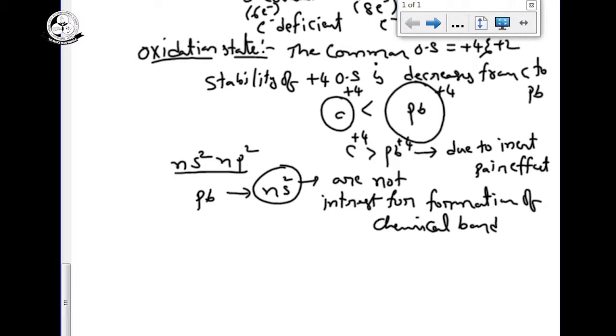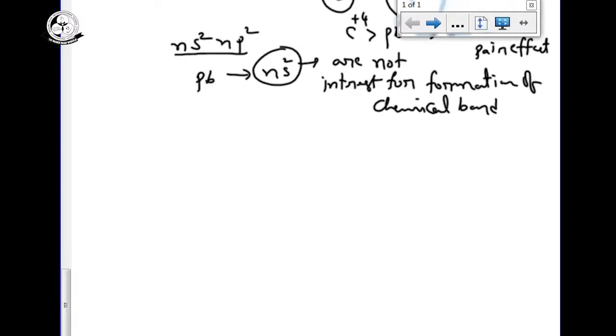The valence shell ns electrons not participating in chemical bonding is called the inert pair effect. So due to the inert pair effect, lead is more stable in the +2 oxidation state.